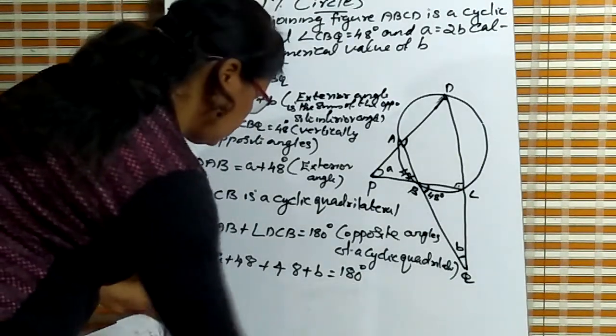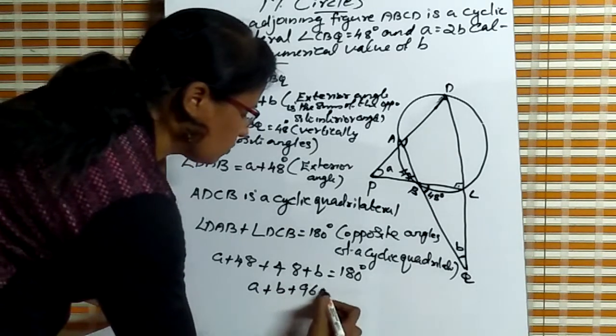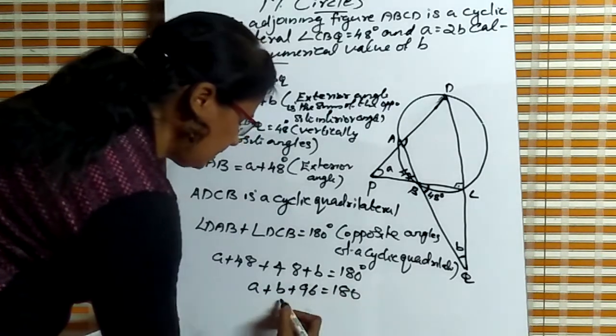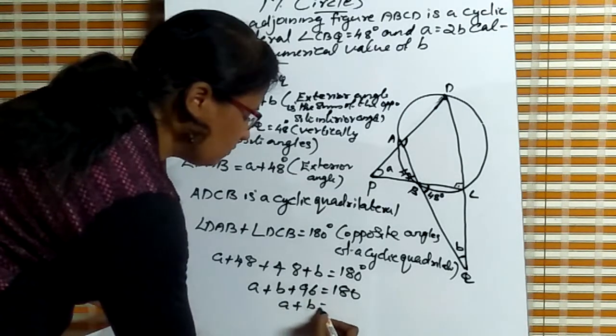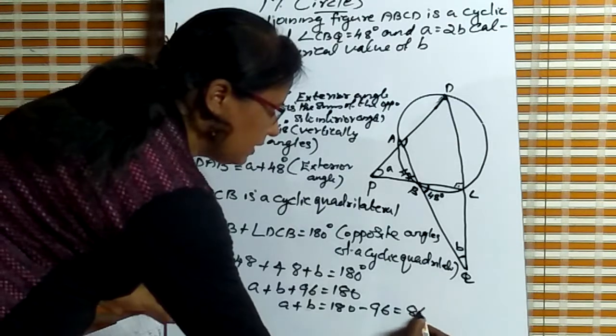A plus B plus 96 is equal to 180. A plus B is equal to 180 minus 96, is equal to 84.